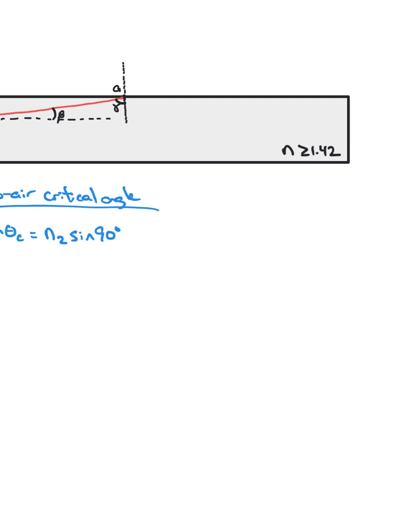That's the formula to find the critical angle, where theta c represents a critical angle. Now we're going fiber to air. The index of refraction for air is 1, so the right side of the equation is actually just 1.